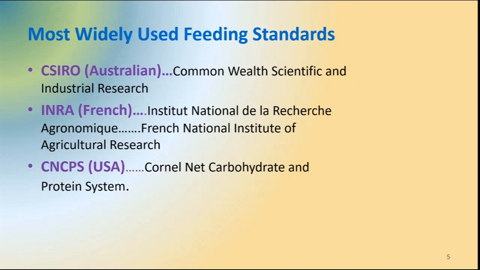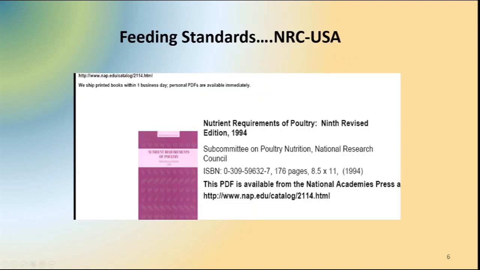This is an example of a booklet of feeding standards, the nutrient requirements of poultry. This was the latest feeding standards available for poultry from the NRC, and it was published in 1994. There is no other feeding standards booklet available from NRC about poultry nutrient requirements.